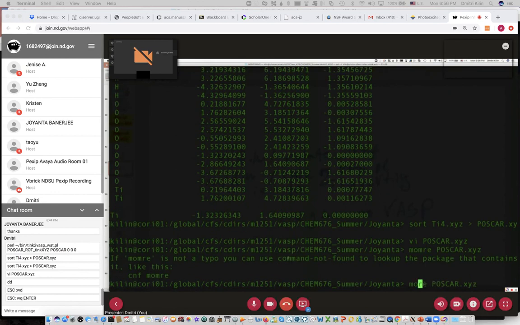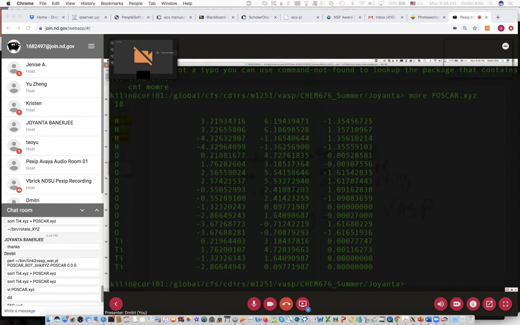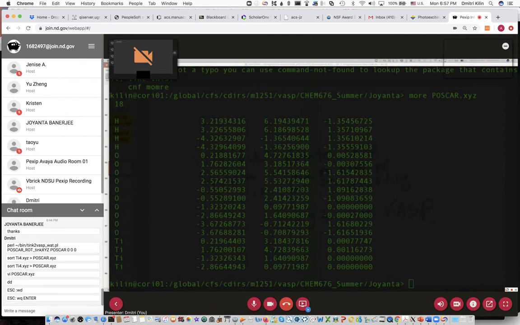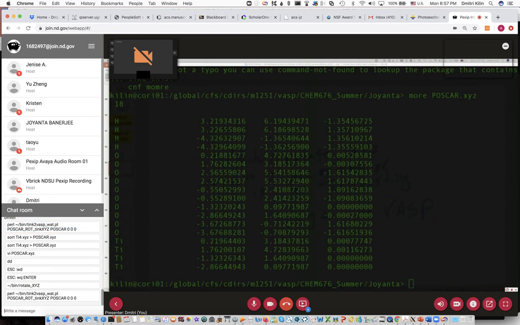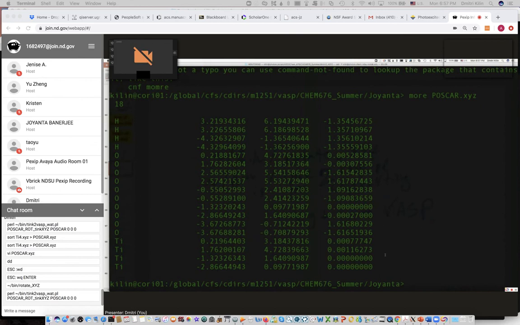So I will retype the commands. First this /bin/rotate, and then Perl. So these two commands. So Jayanta, now I need to focus on others. So please give me some time. Okay, just have to write it here, like /bin.